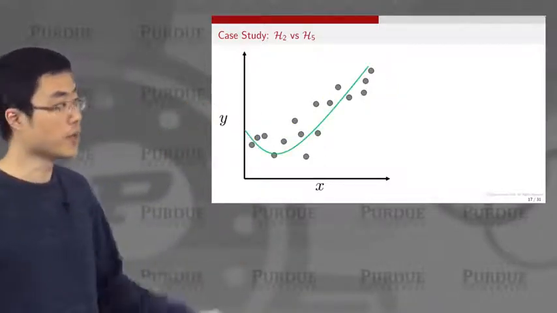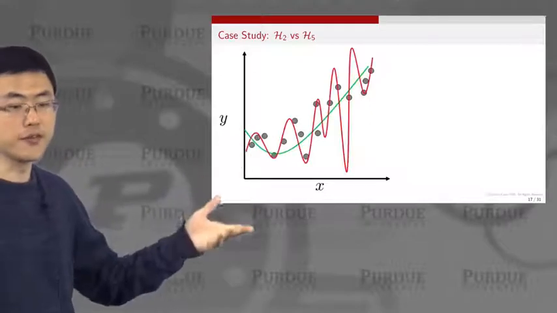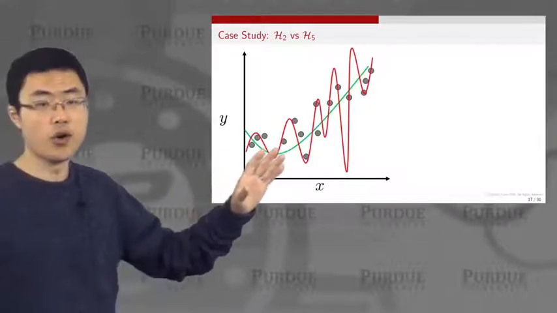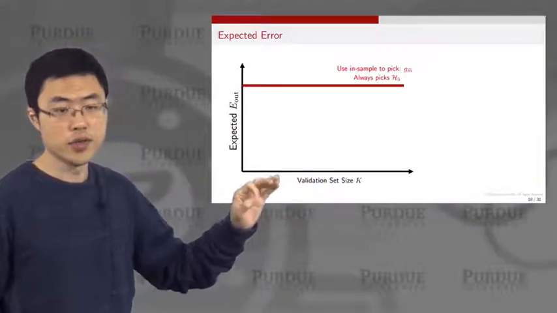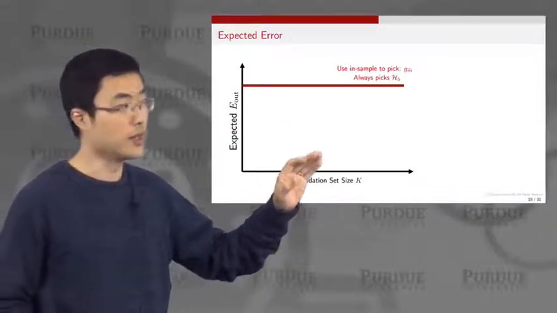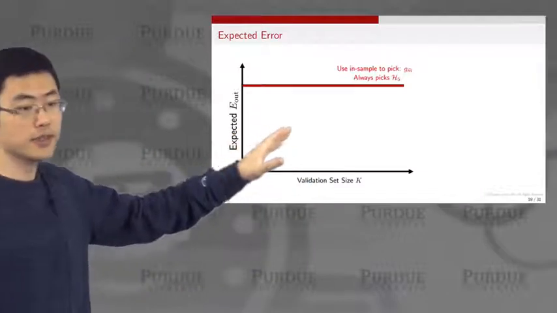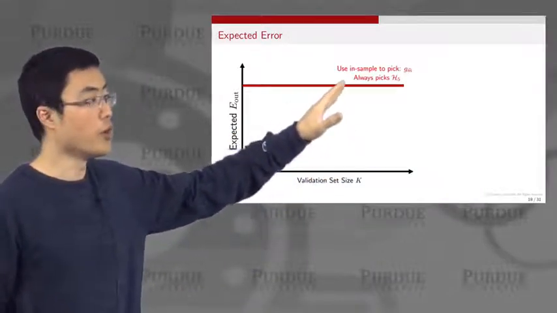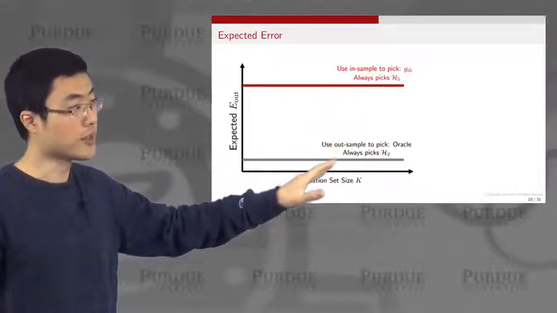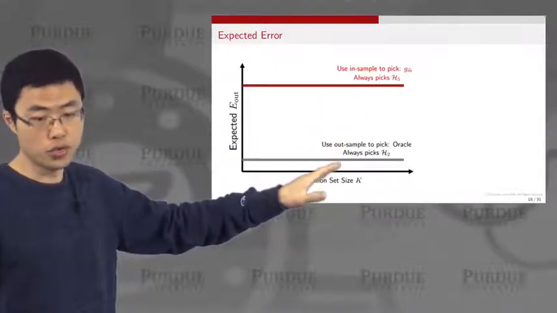Here is the second order fit, and here is a fifth order fit using all the training samples. Now, let us look at the expected error. This is the outsample error, and here is the case where you always choose H5, and this is the case where you always choose H2.